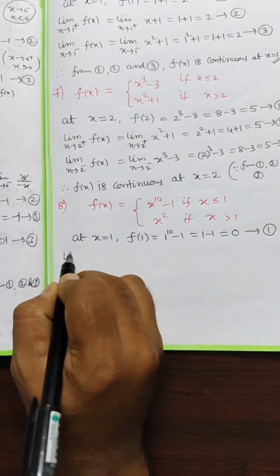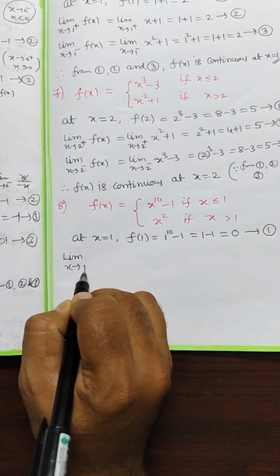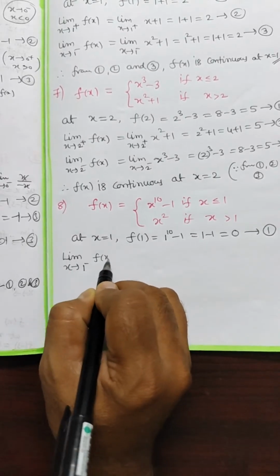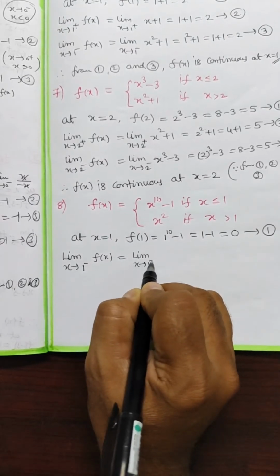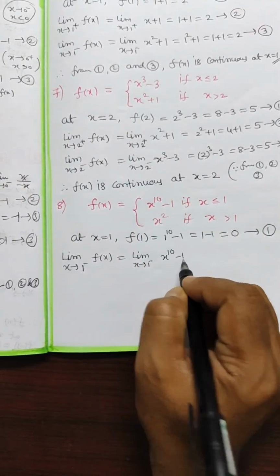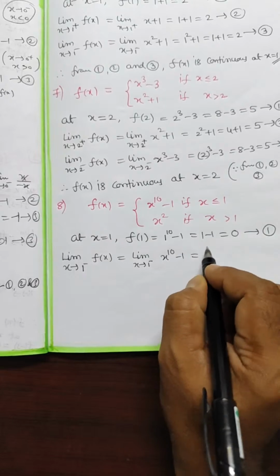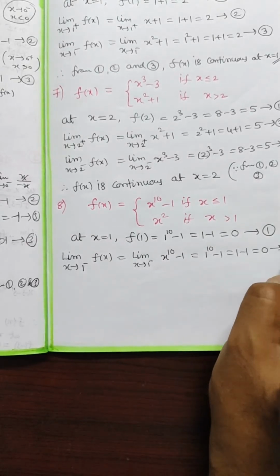Later, limit x tends to 1 minus f of x, that means left hand limit. Limit x tends to 1 minus, x is less than 1. Again, the same function you have to consider. So x is equal to 1, substitute 1 power 10 minus 1, 1 minus 1, which is equal to 0.